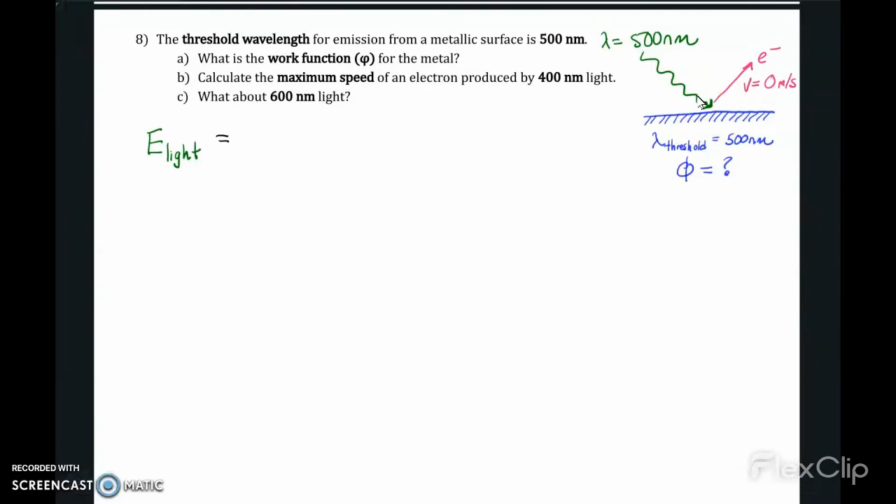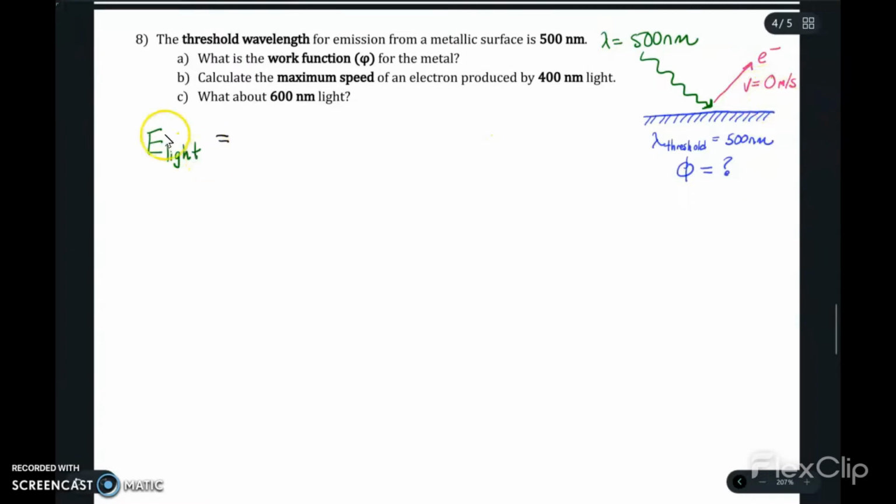So for each photon that strikes the surface, all of its energy goes into one of the electrons. And then that electron uses that energy for two separate things. It uses it to eject from the atom, which is the energy represented by the work function or the binding energy. And if there's any energy left over, then that's where the kinetic energy of the electron comes into play, and that's where the velocity comes into play.